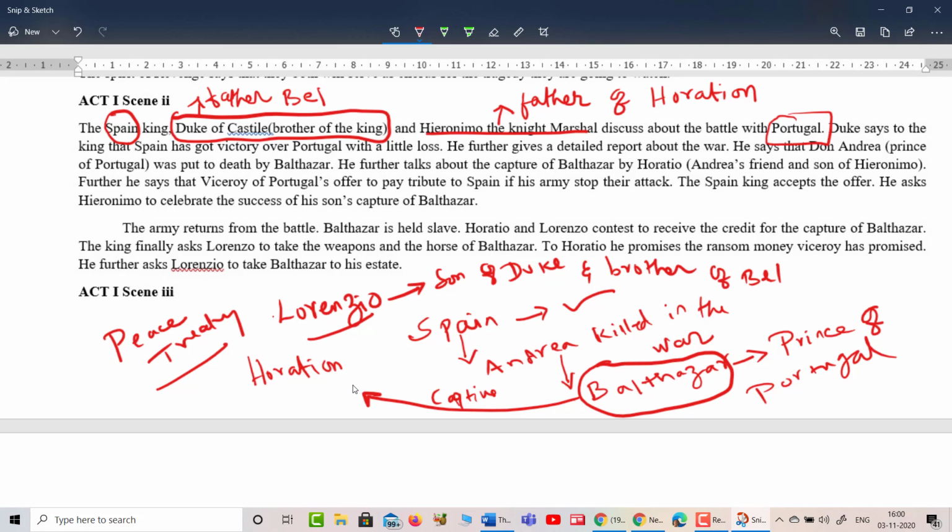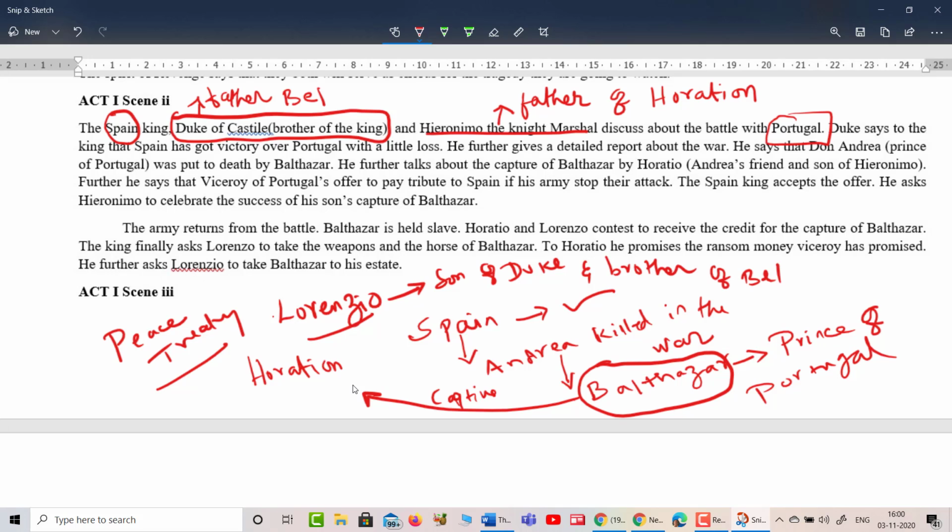And Duke says that now the message comes that they have won the war, and Andrea was killed in the war, and Balthazar is captured as captive by Horatio. And there is also another news from the Viceroy of Portugal for a peace treaty. And the king of Spain accepts the peace treaty.